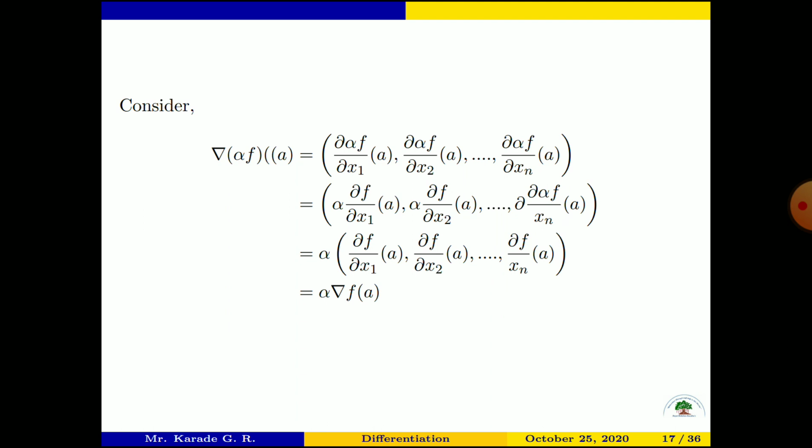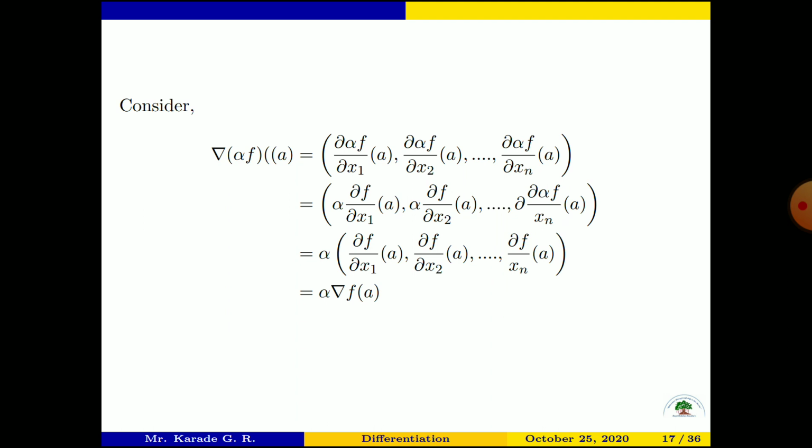Then in the second step we have alpha into dou f by dou x1 at point A, comma alpha into dou f by dou x2 at point A, dot dot dot, alpha into dou f by dou xn at point A. Now let us take alpha outside of this vector, since each component has alpha.